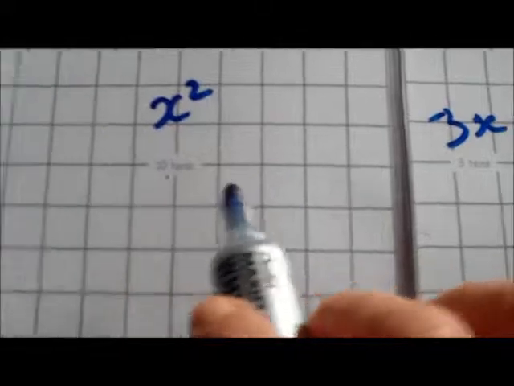In this case, x is 10, okay? So here I've got 10 by 10. This is 3 lots of 10. This is 2 lots of 10 and 2 times 3. So this is actually x squared. 3 tens is 3x. Can you see that this word tens is like the x?